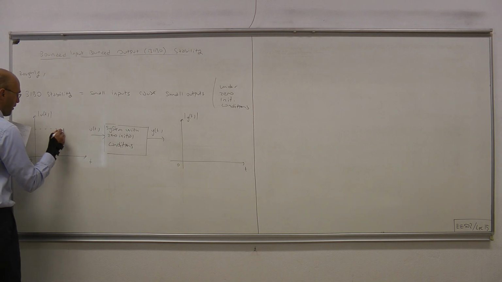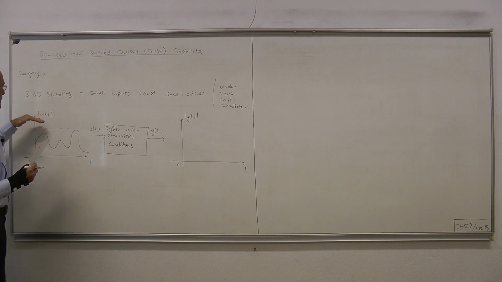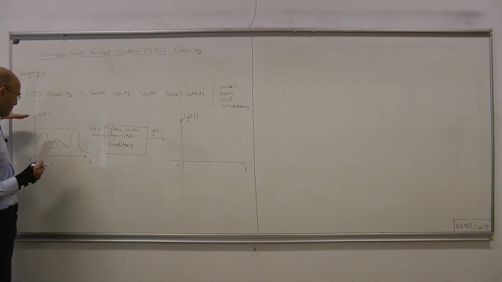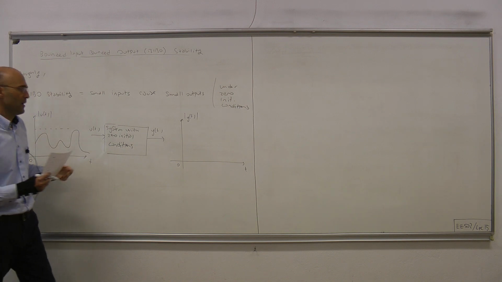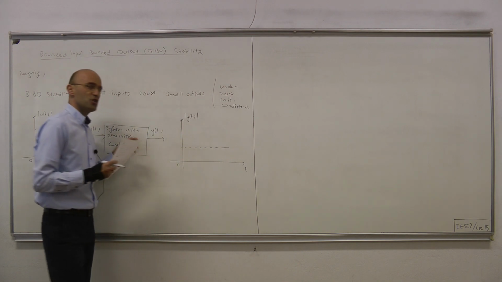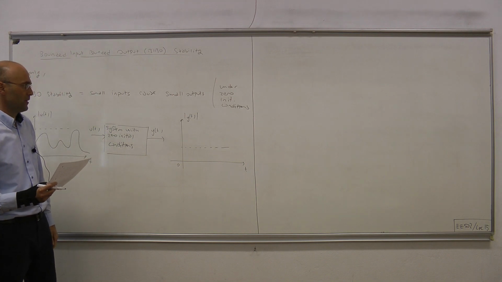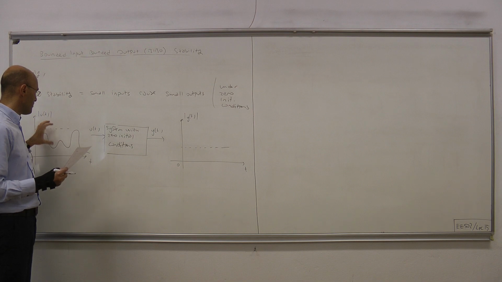If the input is bounded, that is, the magnitude can always be upper bounded by some fixed border, and such an input produces, for a bounded input, bounded output stable system, an output that inherits the same property.